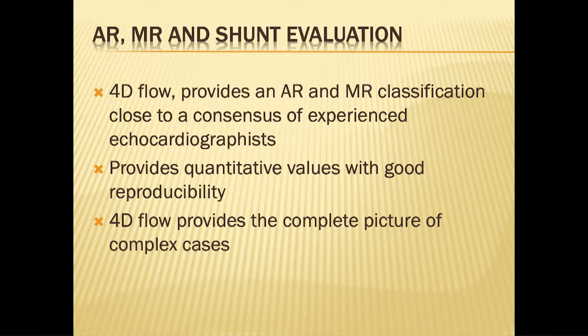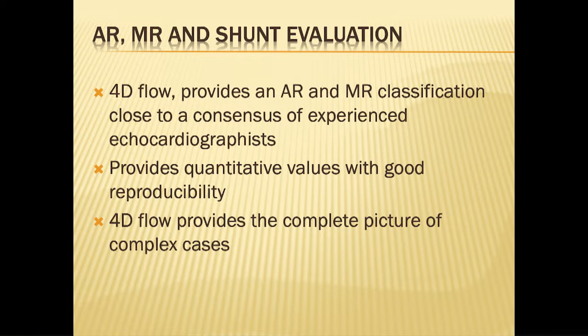So it's almost finished. I can conclude that 4D flow provides aortic and mitral classification close to a consensus of experienced echocardiographists. We have the chance in our institution to have very kind and experienced echocardiographists.